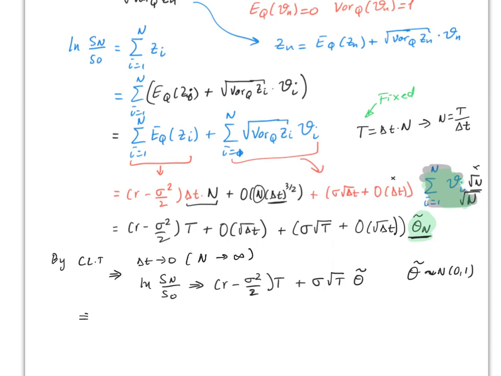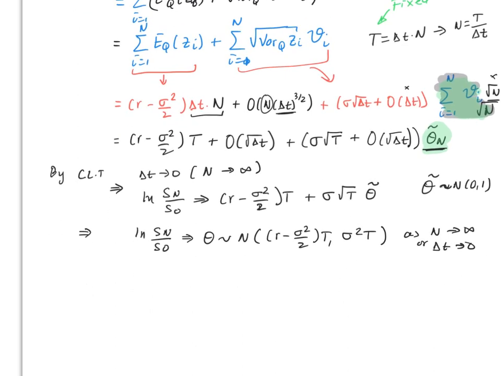So therefore this implies that ln of Sn over S0 approaches in distribution to theta, which is a normal distribution where the mean is r minus sigma squared over 2 times t, and the variance is sigma squared t, as n goes to infinity, or delta t goes to 0.